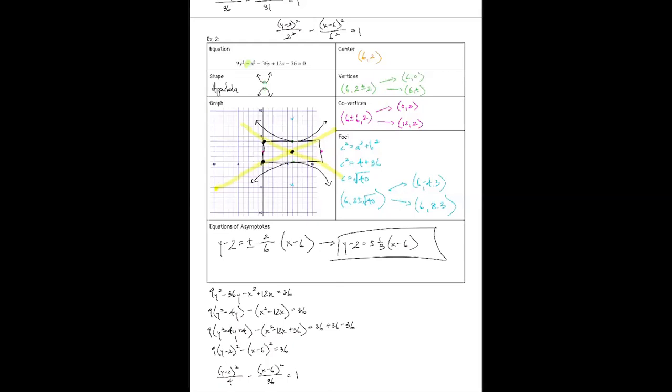And that will round out our experience for conic sections in terms of graphing and such. We're not going to do any applications for hyperbolas to calculus. Those will be focused more on the parabola as well as the ellipse, okay? So I'm going to stop the video here.